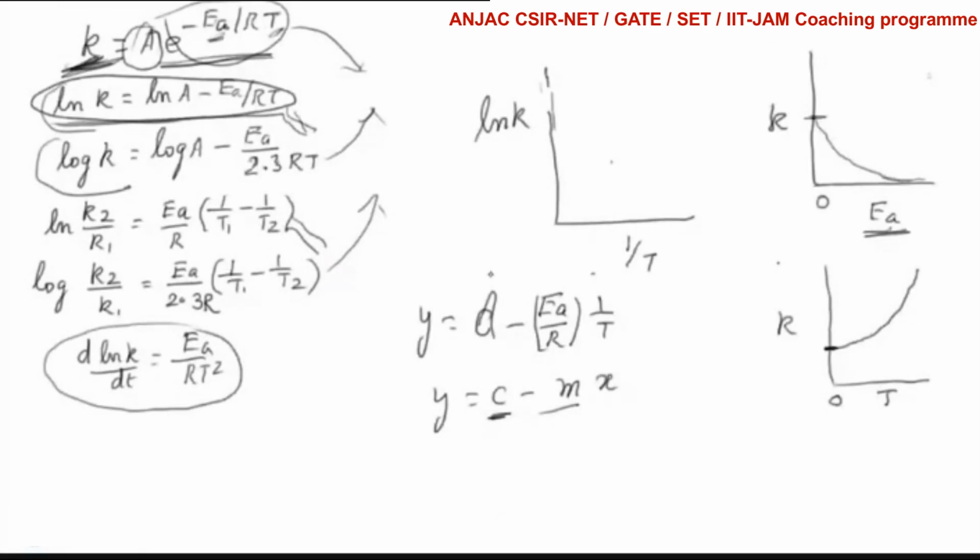You will get a line like this with a negative slope, and the slope is equal to minus EA by R.